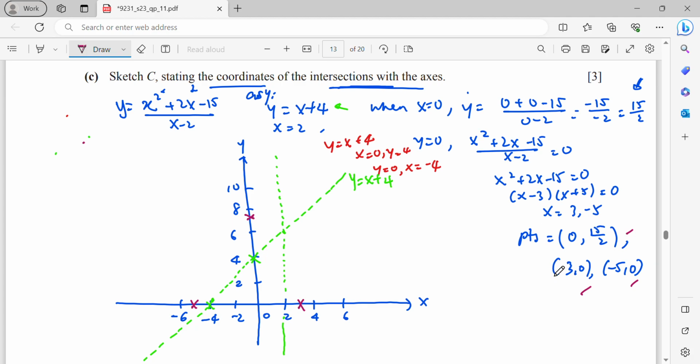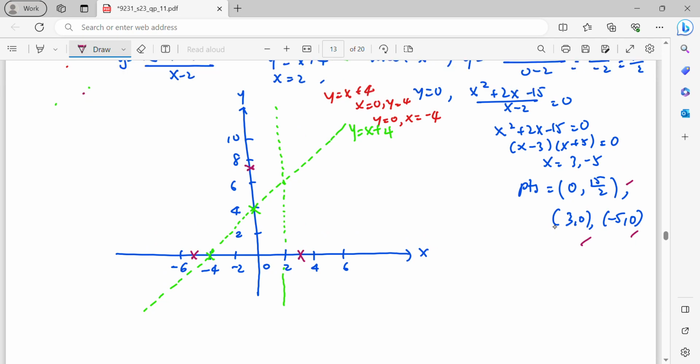So since there are no stationary points, it means that it will be this graph. Okay, maybe I draw it here first.